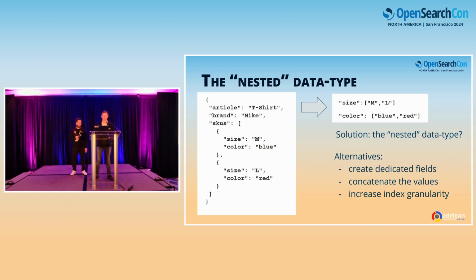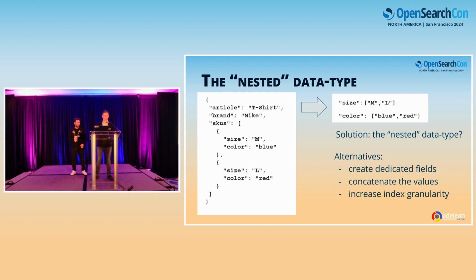The example that we give here, so you see that the variants, the SKUs are objects. So we have an array of objects, and actually because Lucene is not hierarchical, Lucene will flatten the data. You will actually end up with sizes smashed together and colors smashed together, and results will pop up with combinations that you might not have in reality.